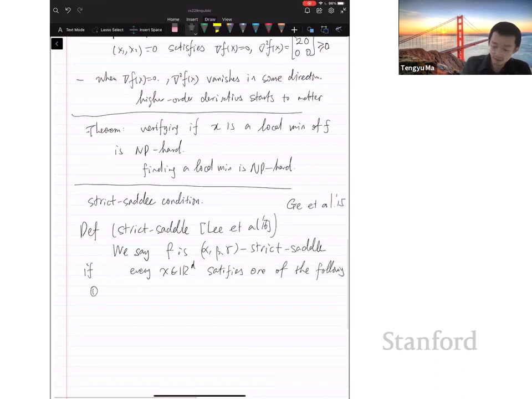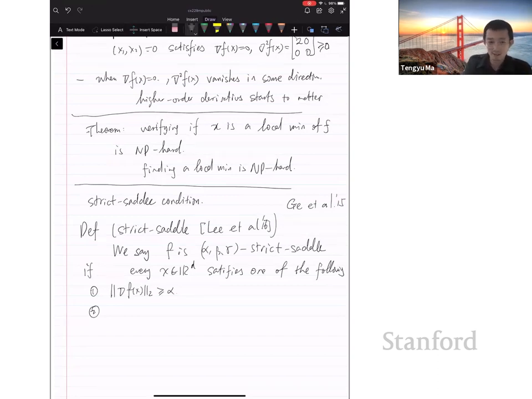The first one is that the norm of the gradient of f at x is larger than alpha, right? So of course some of the x satisfy this. Your gradient is big, so these points are not stationary points, they are not local minima. By stationary point, I mean first order stationary point, meaning those points with gradient 0. So if you satisfy number 1 here, you cannot be a local minimum, you cannot be a stationary point.